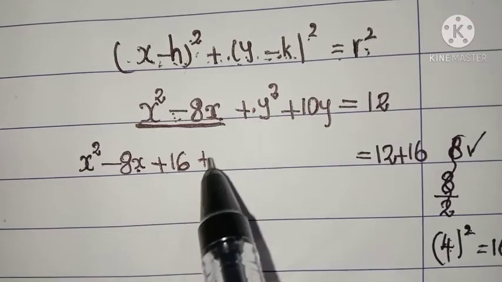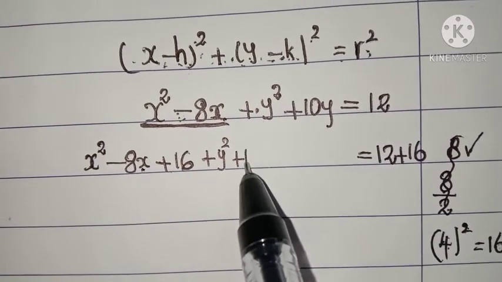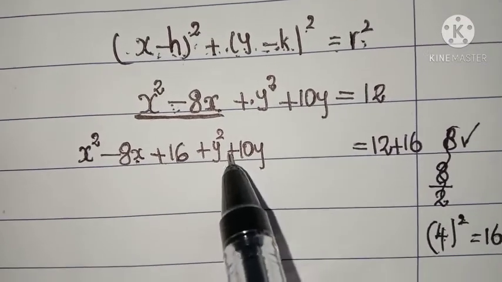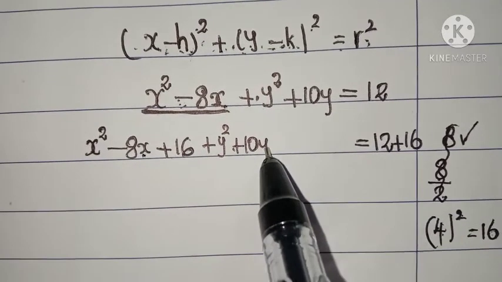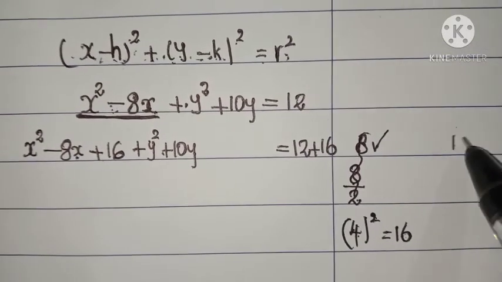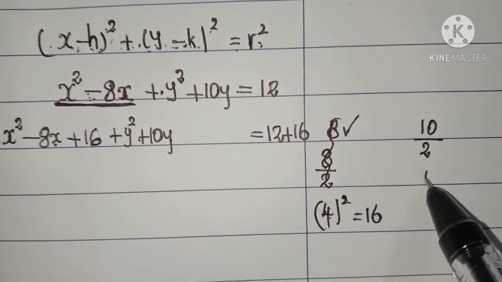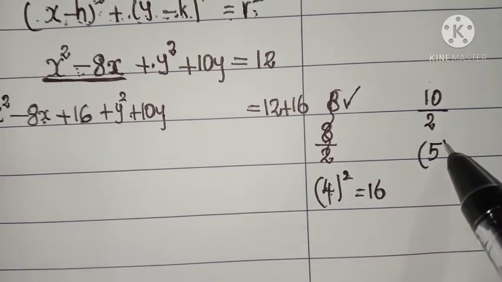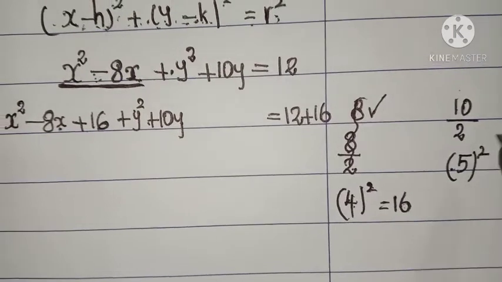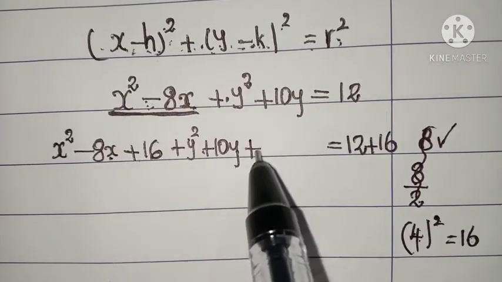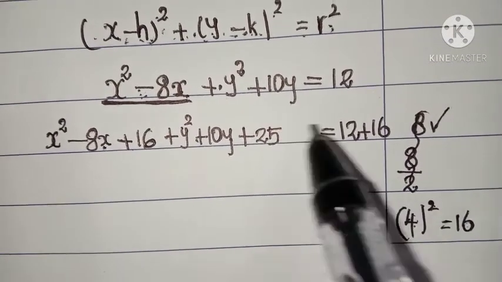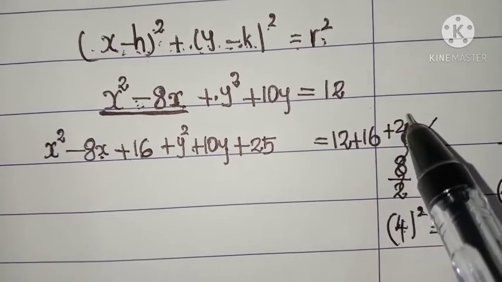Similarly, write the y terms, y square plus 10y. Again, take the coefficient of y. Coefficient of y is 10. Take half of the coefficient, it is 5. Now write the square. 5 square is 25. So add 25 on the left side, and similarly on the right side.